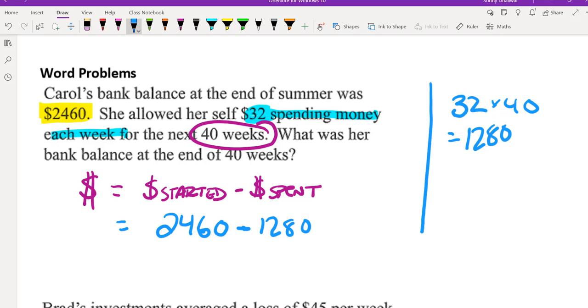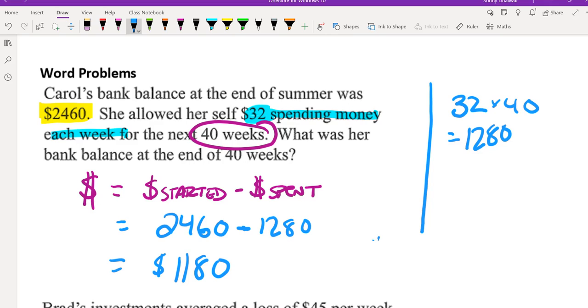She had this much, 2,460. How much does she have left over? Yes, Max? 1,180. Yeah, that's right. 1,180.